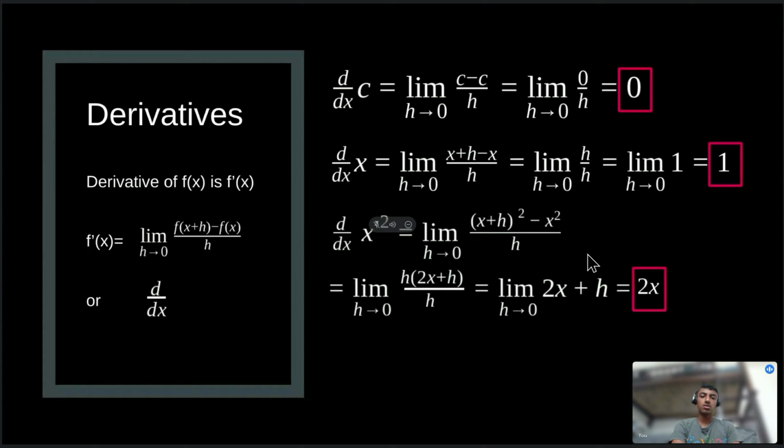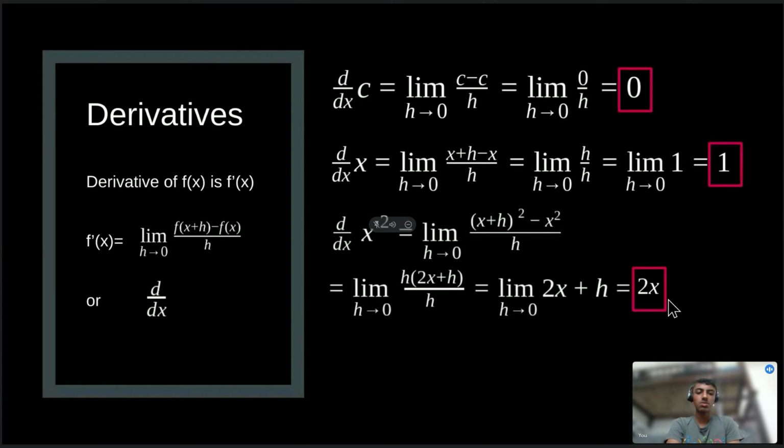But what I like to do is consider this a difference of two squares. So you have x plus h minus x, so that's h, and then you have x plus h plus x, which is 2x plus h. You can cancel out your h's, and that will give you 2x plus h. H goes to 0, which leaves you with just 2x.